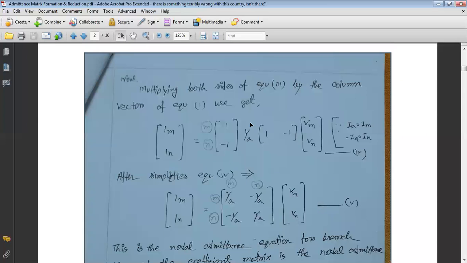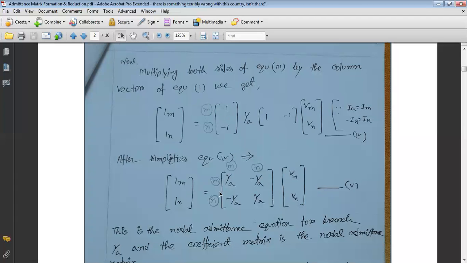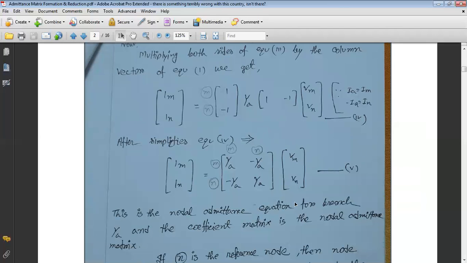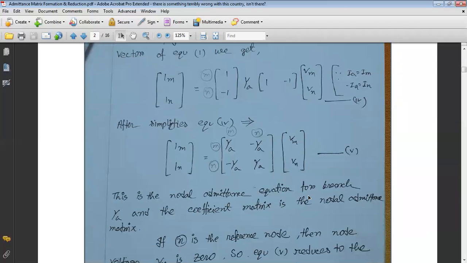If we multiply out the right side of equation 4, we will finally get the matrix Ya, -Ya, -Ya, Ya, into Vm, Vn. So this is the nodal admittance equation for branch Ya, and the coefficient matrix is the nodal admittance matrix.